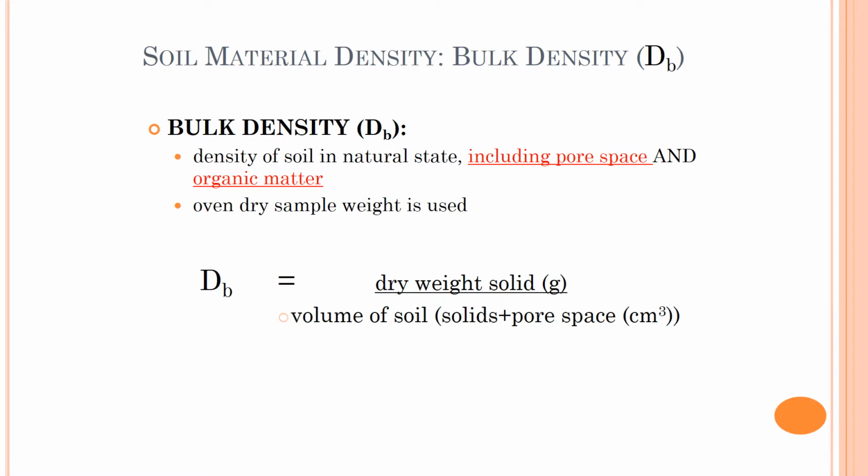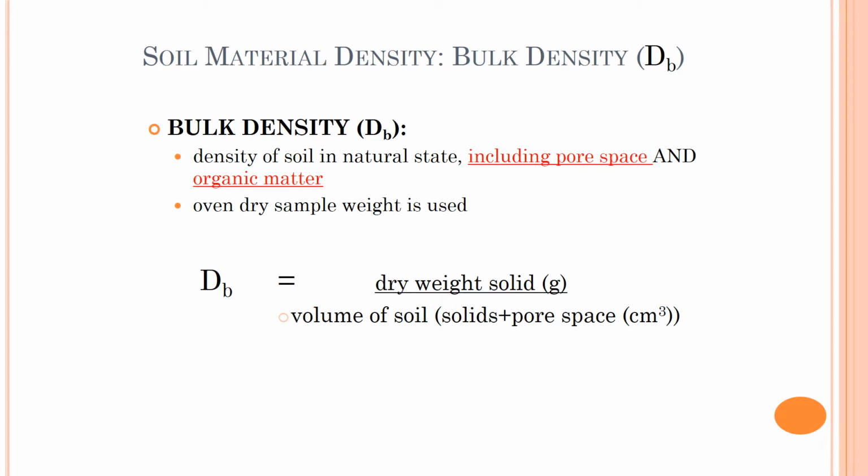Now, bulk density is the density of soil in a natural state, including pore space and organic matter. An oven-dry sample weight is used for this calculation. Before I go into the formula, I want to briefly mention that essentially bulk density is weight per volume.